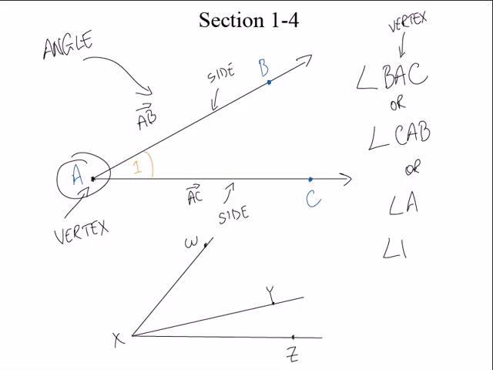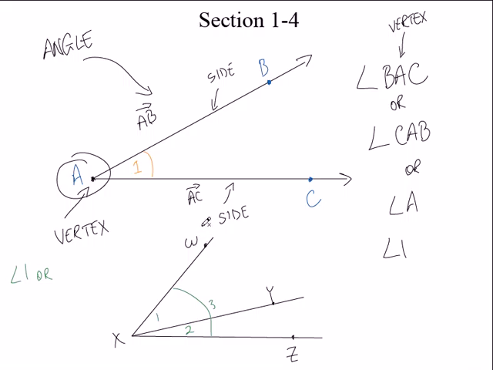So watch this. What if I wanted to name... Let's put a 1 right here and a 2 right here. And I'm going to put a big old arc. I'm going to put a 3. So the whole big angle is angle 3. This one up above is angle 1. This one down below is angle 2. What's another way I could name angle 1?